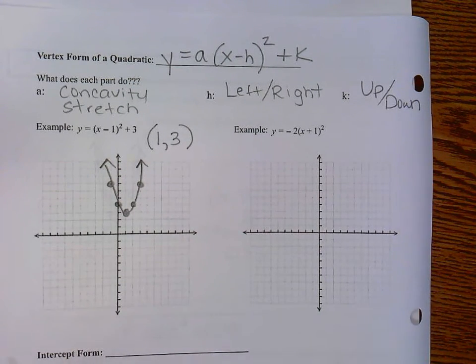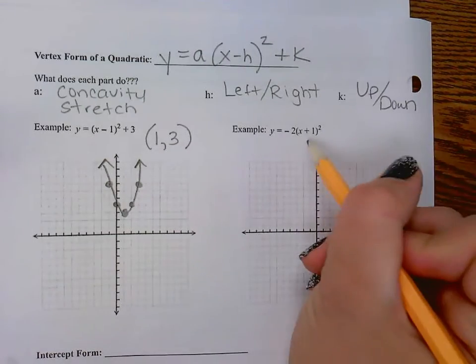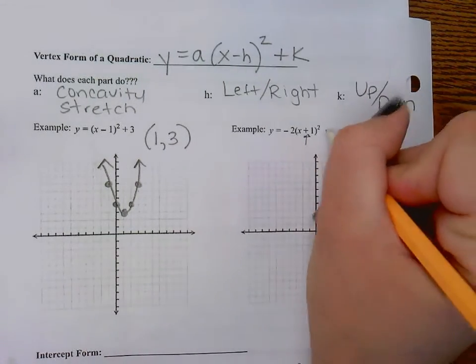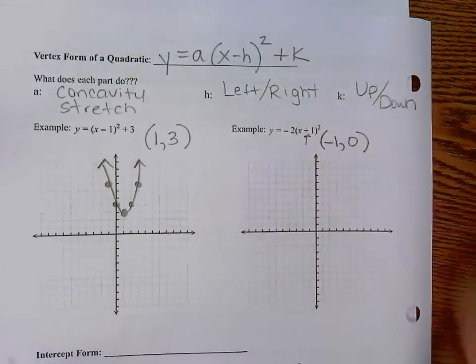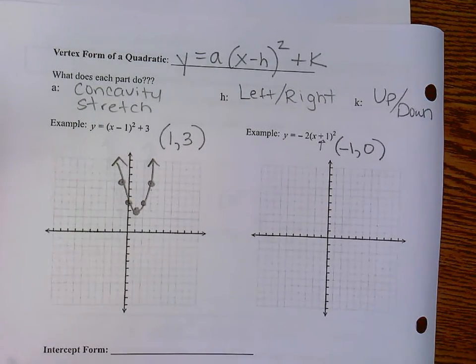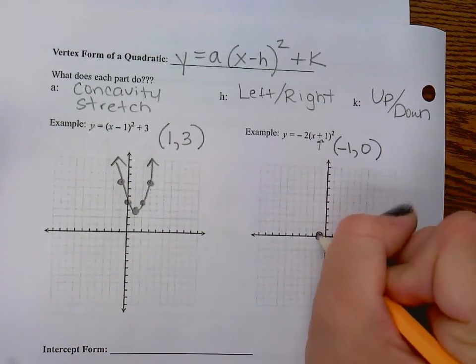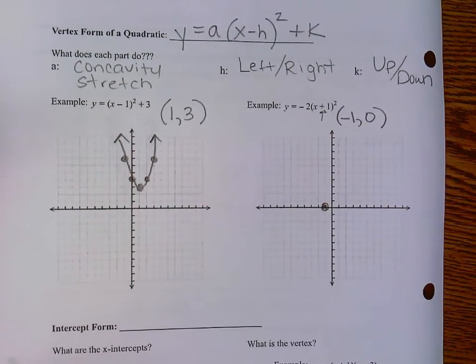All right, what about that second example? Where am I moving this time? Up, down, left, right. So I'm only moving left 1. So that means that my y value is going to stay on the x-axis at 0. There's my vertex. So where do I go once I have my vertex? I have to look at the a value, and what does that tell me?